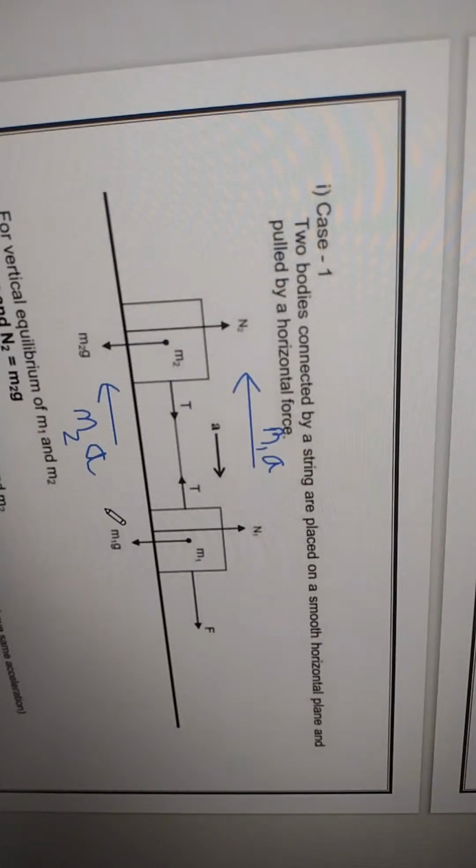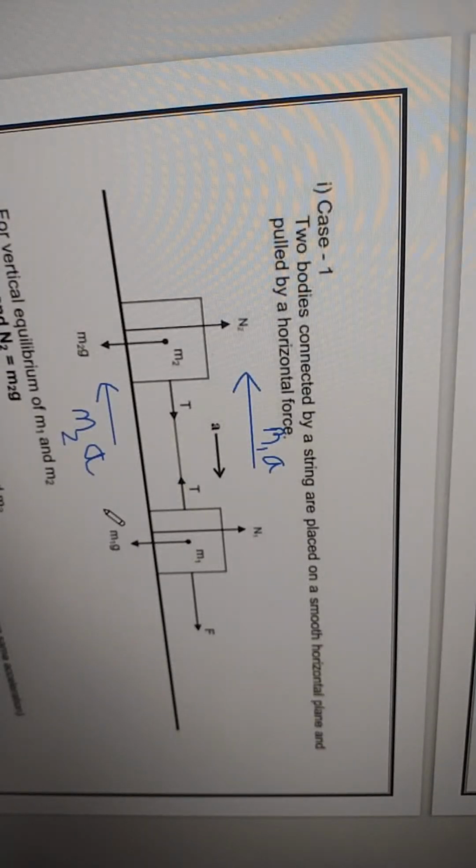So the equations can be found like this: two bodies connected by a string are placed on a smooth horizontal plane, pulled by a horizontal force.